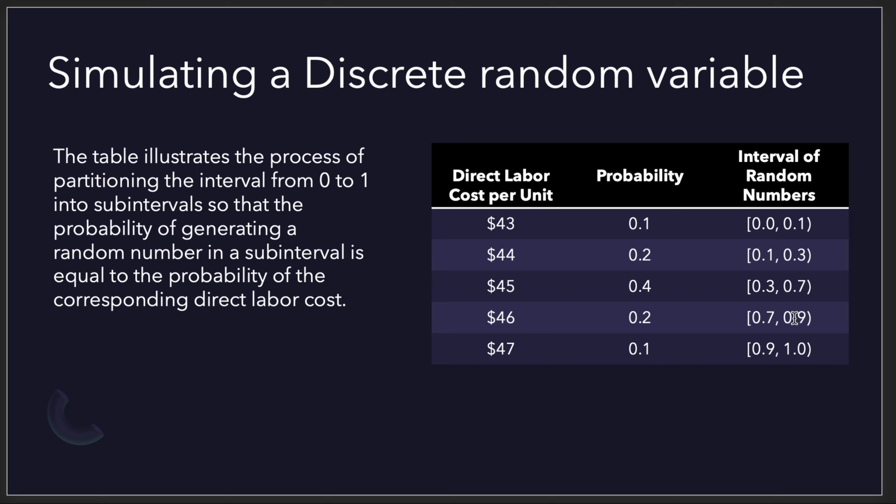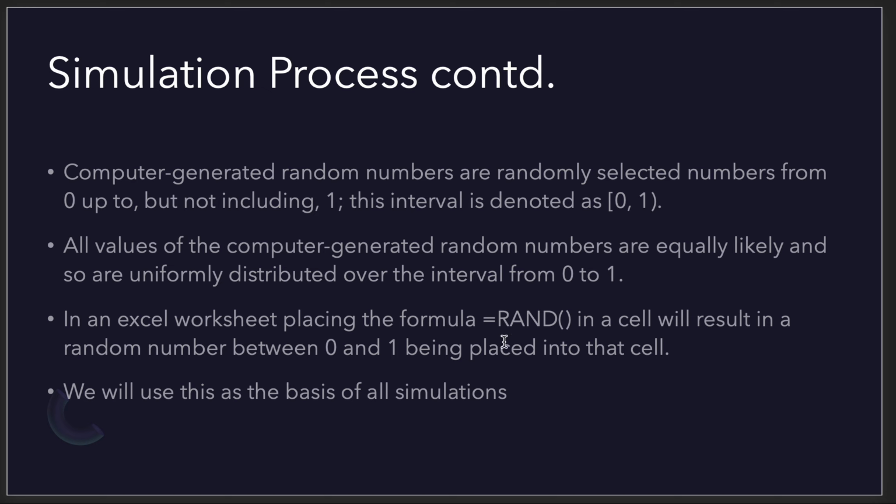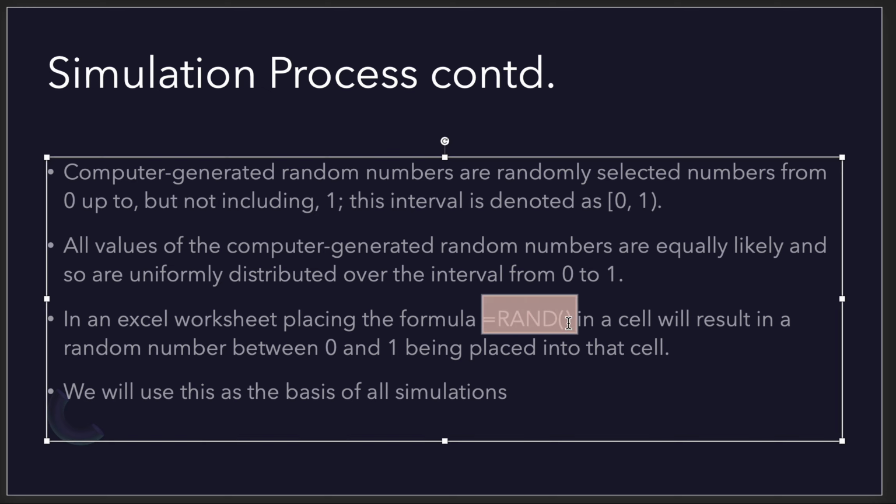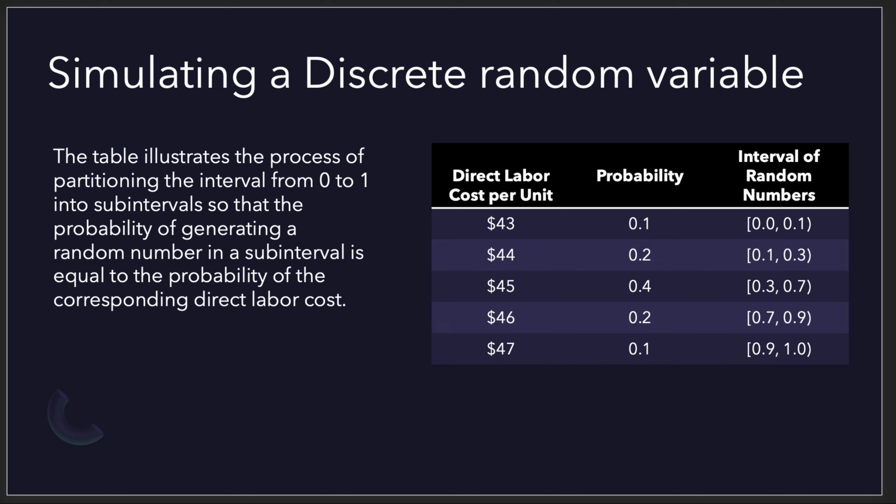Now, the reason we are doing this is, remember, we are going to generate all random numbers. The first thing that we always do is generate a random number between 0 and 1 using the formula equal to RAND. Because we are randomly generating these numbers, they can represent the randomness in real life. So let's say we generate a number like 0.4756.